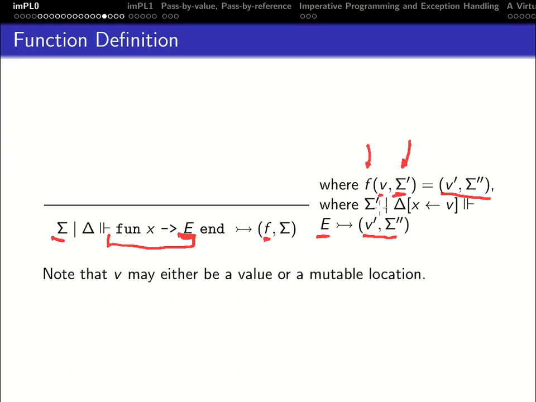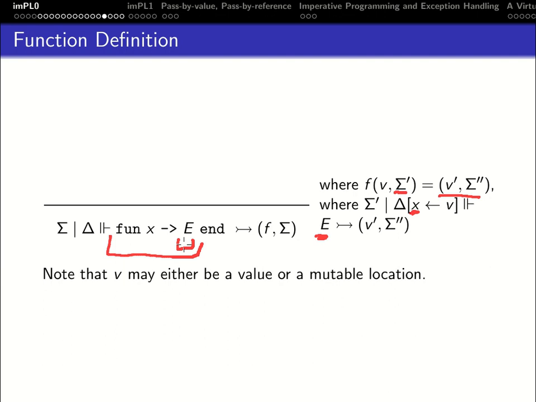So what must happen is that when I execute E with this same sigma prime and with a binding for x in delta, I produce these two values, right? What's different between this guy and this guy? The bigger guy doesn't need a binding for x, whereas the smaller guy needs a binding for x, right? Otherwise, they're pretty much the same thing.